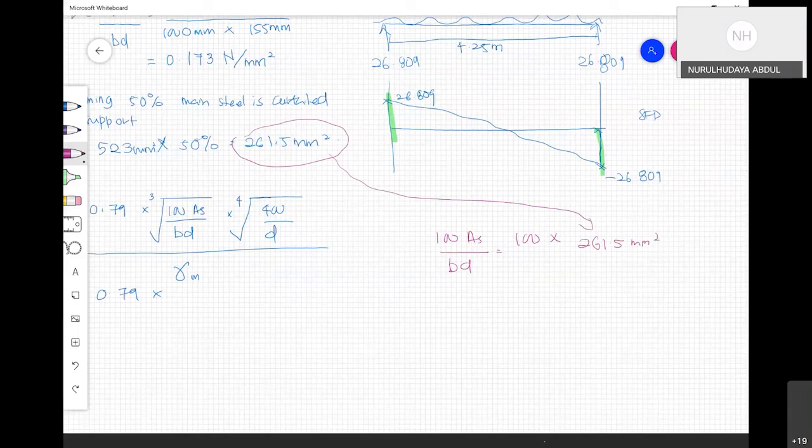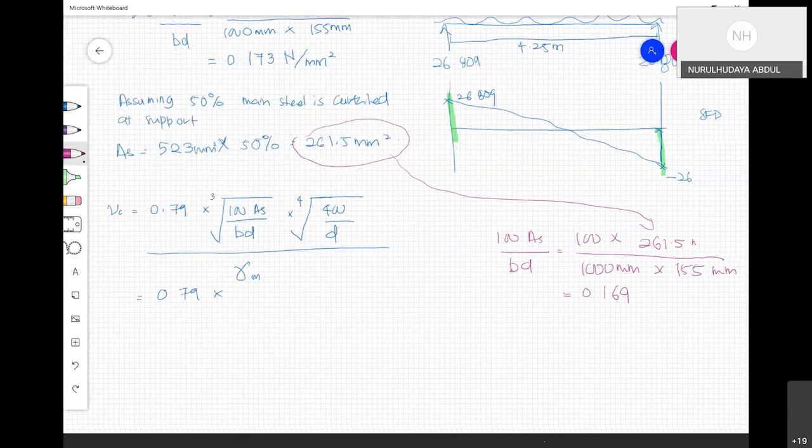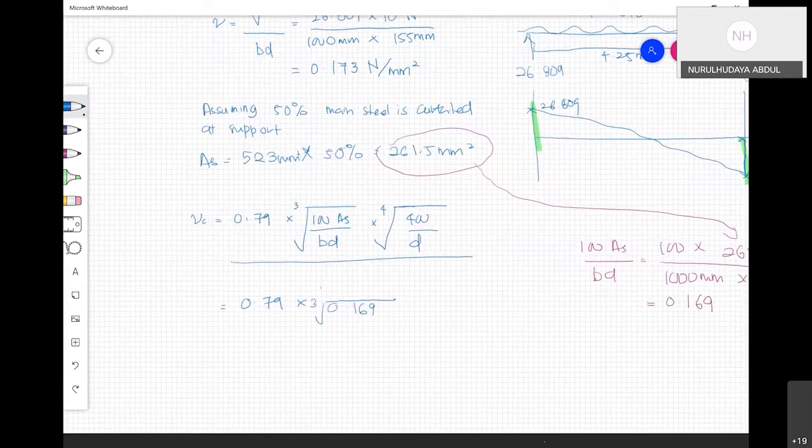And then divide by B 1000 and D 155. Scholastica lah. 0.169. Betul. Okay, thank you Scholastica. Then we have this one 0.169. We put it inside here. And then kita darabkan, okay, since kita punya FCU bukan 25, FCU kita 35.